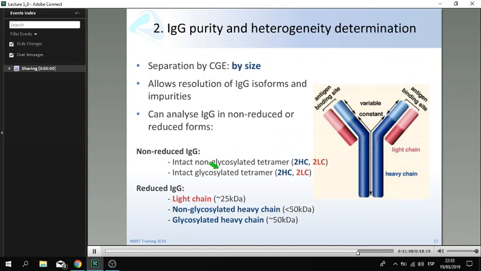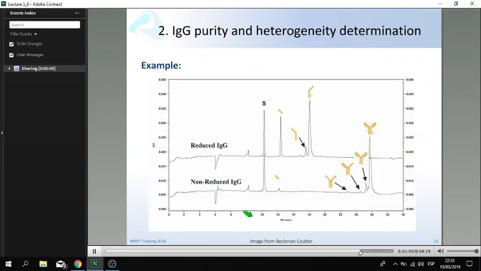Most of it is going to be glycosylated, but you might have some percentage of antibodies that lost sugar, so some percentage of non-glycosylated, so you can see whether that meets your specifications or not. If you reduce it, so you break disulfide bonds and break this into 4 chains, you are expecting to see 2 light chains and 2 heavy chains, and those heavy chains can be glycosylated or non-glycosylated. So basically with the pure monoclonal antibody, you can see something like this.